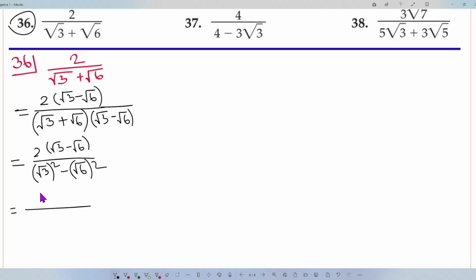So 2 root 3 minus root 6 divided by root 3 square means 3, minus root 6 square means 6, right?